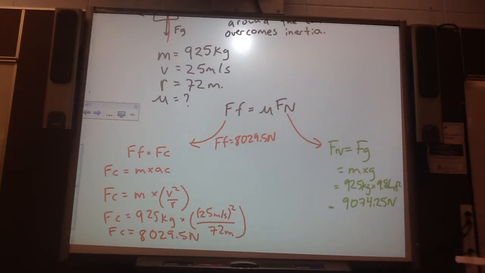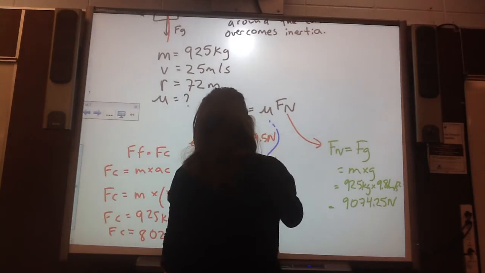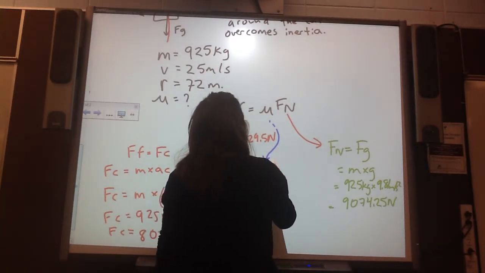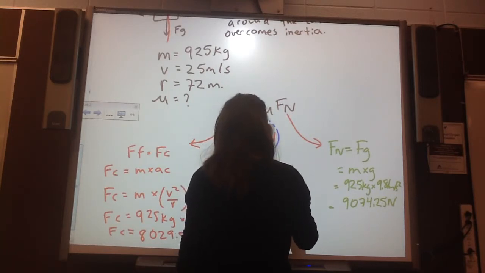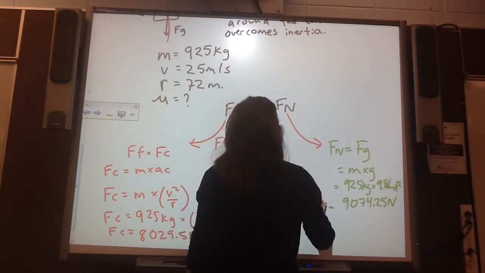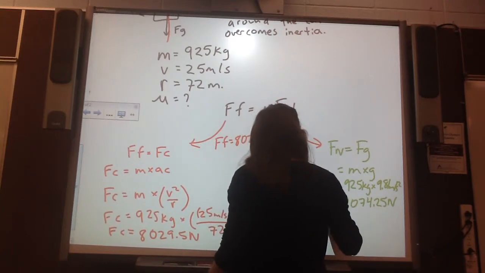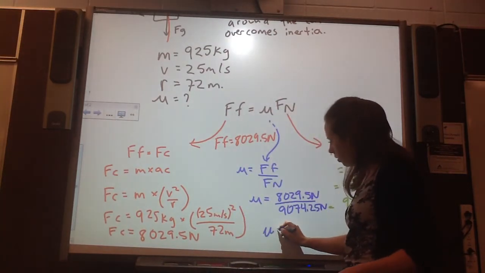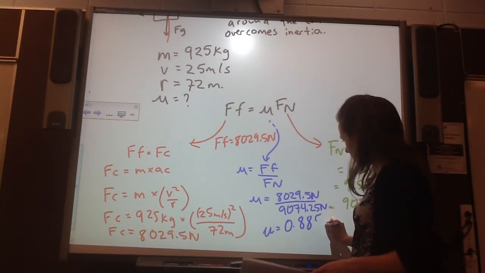Now you can find your mu. Mu is equal to FF divided by Fn, so mu is equal to 8,029.5 newtons divided by 9,074.25 newtons. So mu is equal to 0.885.